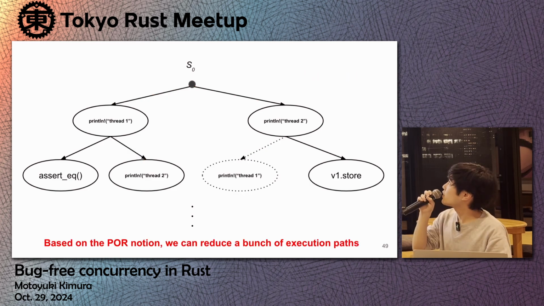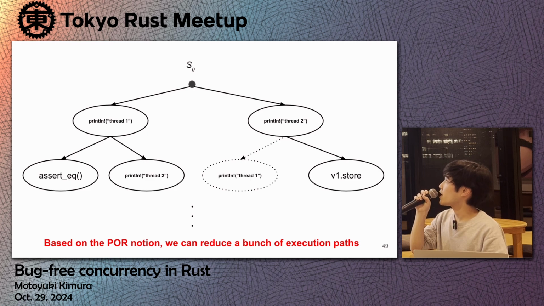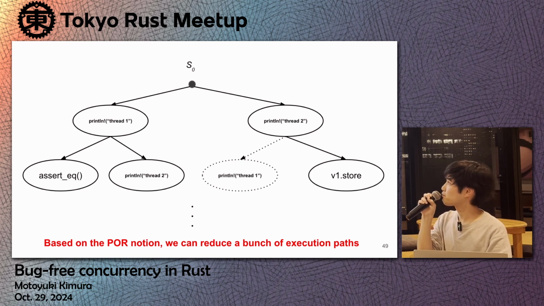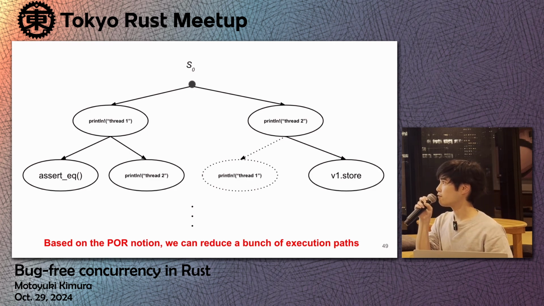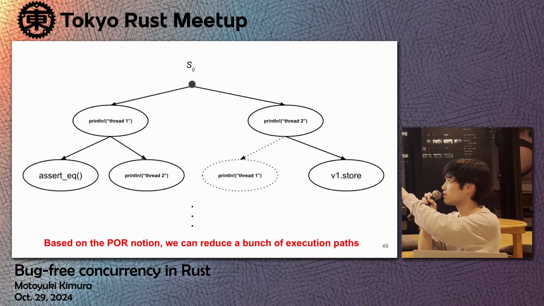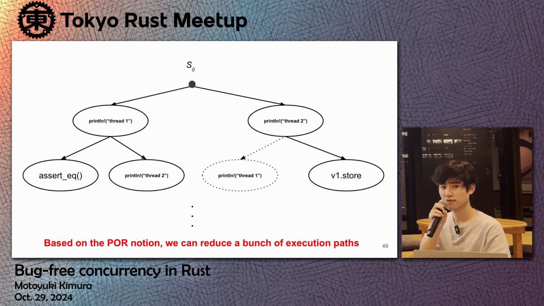And in the previous slide, because we confirmed that just reordering does not change the program's final state, we can say that these two paths are semantically the same. And then finally, we can skip one of them. So this is the basic idea of partial order reduction. Because the program itself is pretty simple, we cannot feel the power of this method. But in a real world program, it can reduce a tremendous number of states that need to be explored.